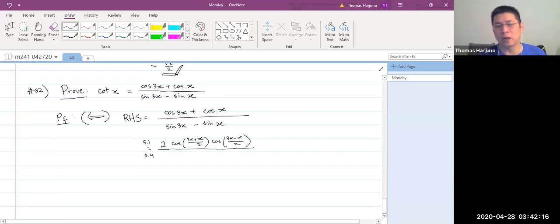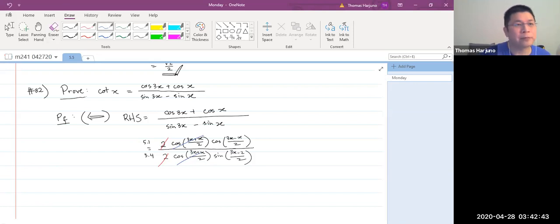Sine minus sine will be 2 cosine sum over 2 sine difference over 2. So you see that this cancels, right? And this also cancels. Well, you can simplify them first if you want. Let me simplify them first, so they are better looking.